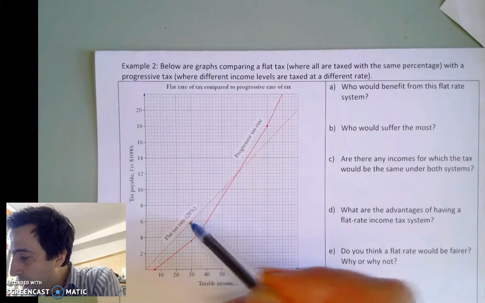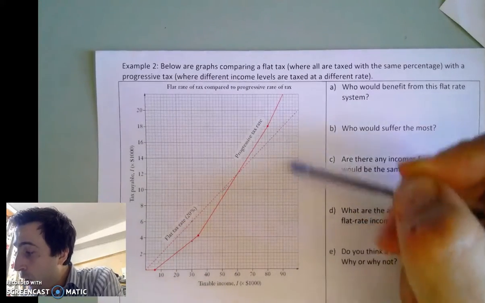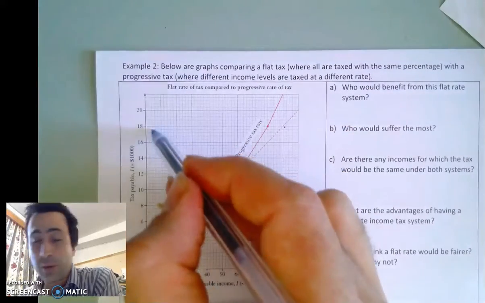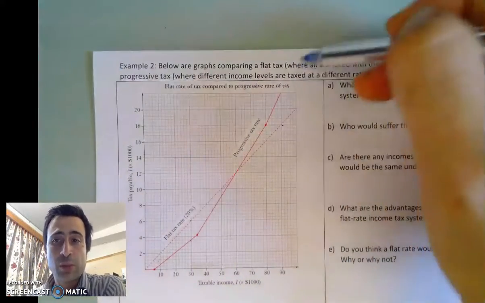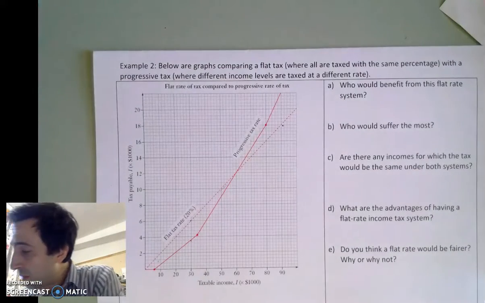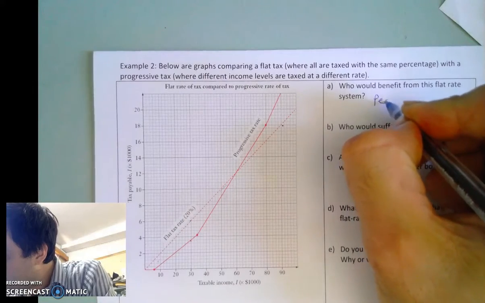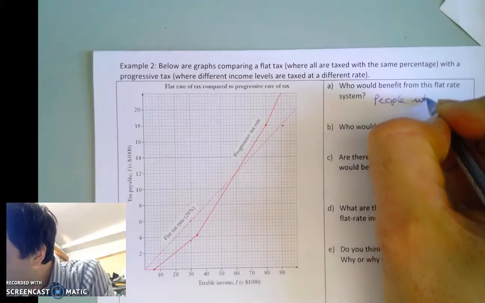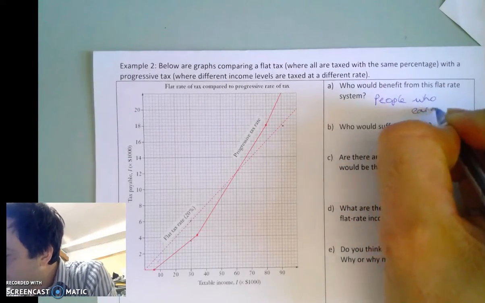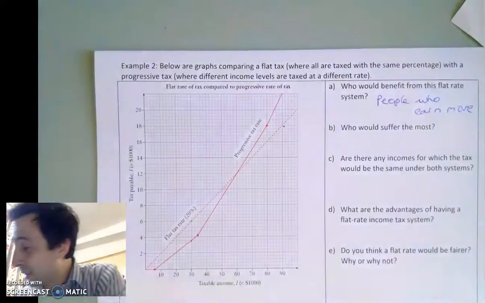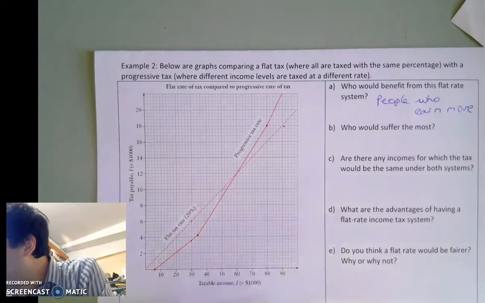Alternatively, if I'm earning $90,000 on a flat tax rate, I'd pay a lot less than on a progressive tax rate. So who would benefit from this tax system? People who earn more money. Who would suffer the most? In other words, who would pay more tax? People who earn less.